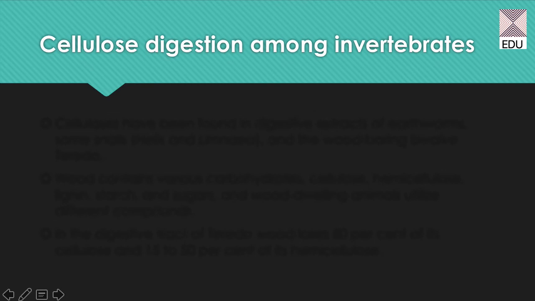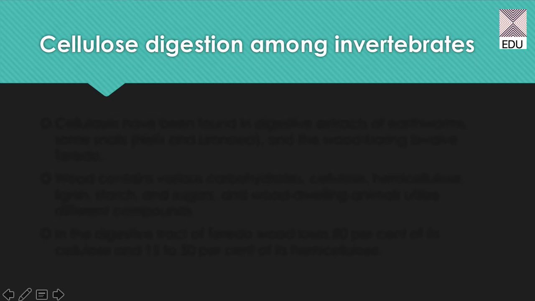Termites are known as the enemies of wood, and wood is full of cellulose. Now how will those termites digest this much cellulose in their small digestive systems? This is a very important question, and a very important topic. You may get a full-fledged question on cellulose digestion among invertebrates.